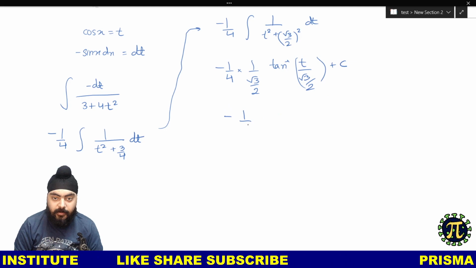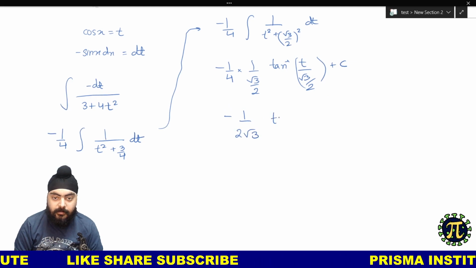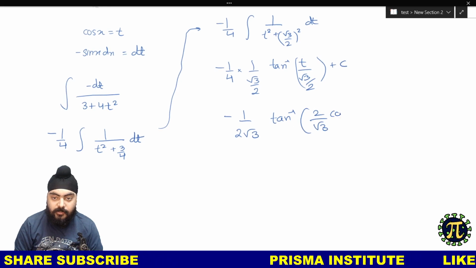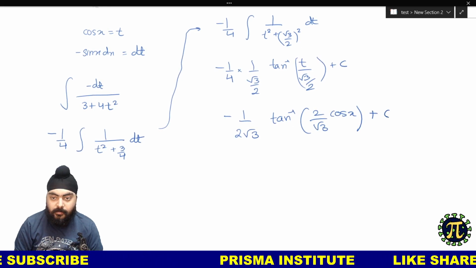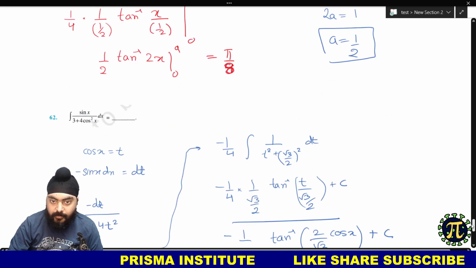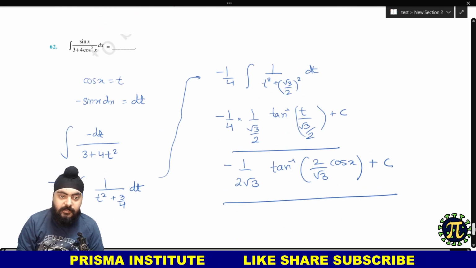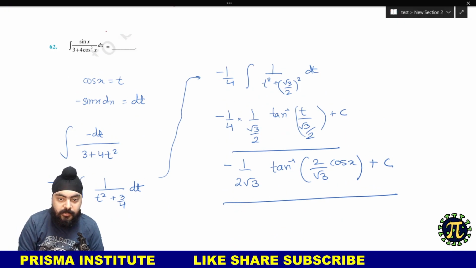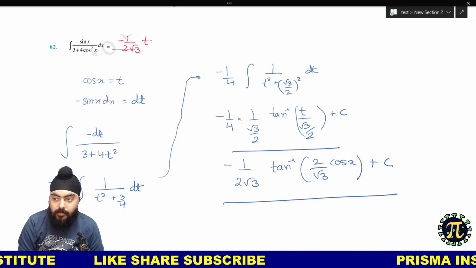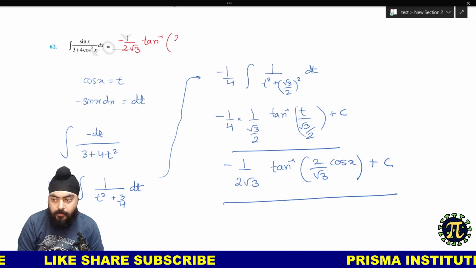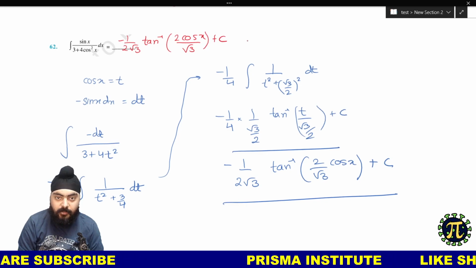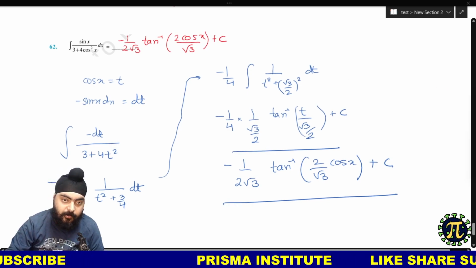This is minus 1/(2 root 3) tan inverse (2/root 3 into t). T is cos x, right? Okay, so this question is also done and we can fill this blank also, that the answer for this question is minus 1/(2 root 3) tan inverse (2 cos x divided by root 3) plus c. Okay, so now let's move to our last problem for this chapter.